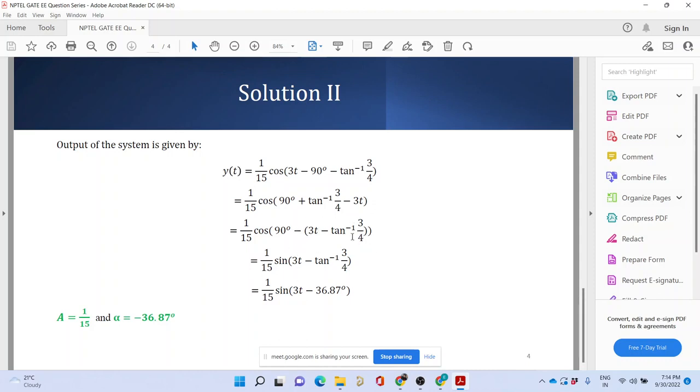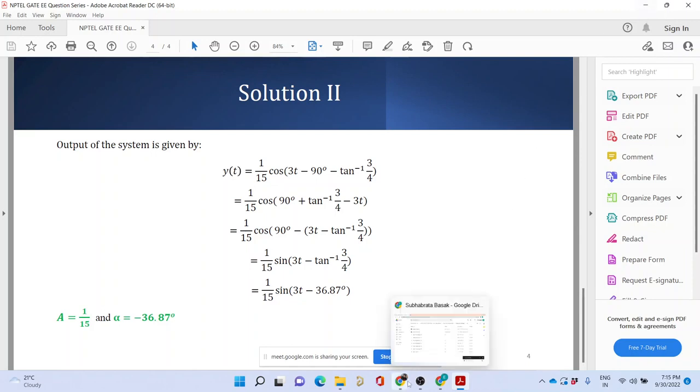So with theta as 3t minus tan inverse of 3 by 4, cos of 90 minus theta is sine of 3t minus tan inverse of 3 by 4. So I am going to get sine of 3t minus 36.87. So the angle is minus 36.87 and A is 1 by 15. So this is the first sum that we had.